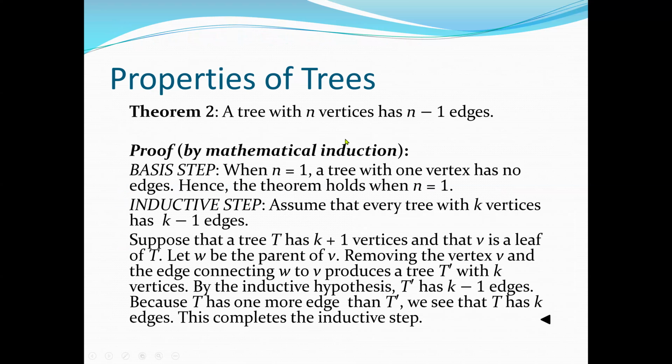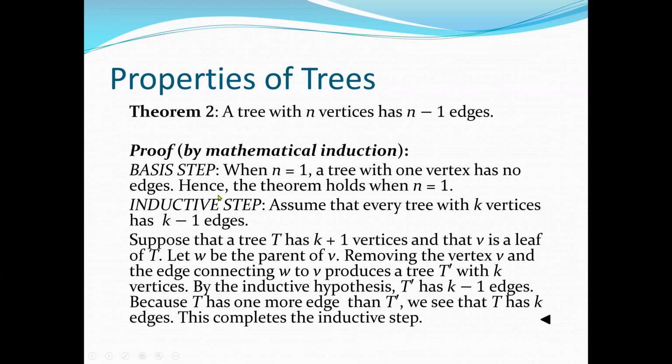So what are the properties of a tree? We say a tree with n vertices has n minus 1 edges. So if I have a tree with 20 vertices or nodes, it means I'll have 19 edges. We can prove this by saying that when n equals 1, a tree with one vertex has no edges.